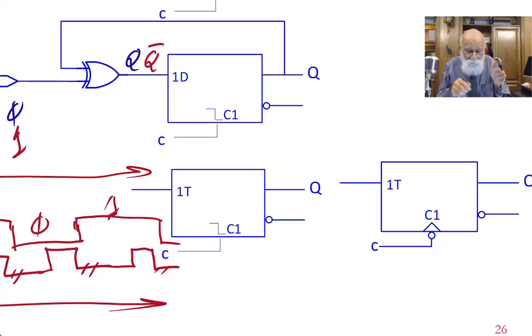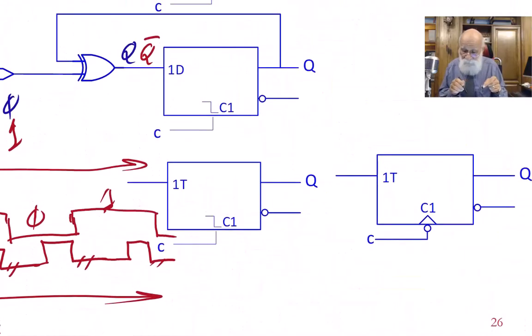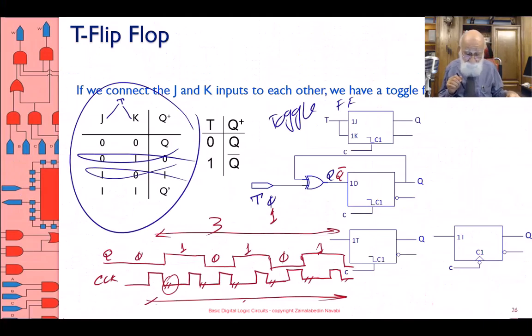Okay, even though the flip-flops we have seen so far are master-slave flip-flops, and they are not exactly edge trigger, timing-wise there is very little difference between the master-slave flip-flop that we have here and the edge trigger. Next, we'll be talking about edge trigger flip-flops.